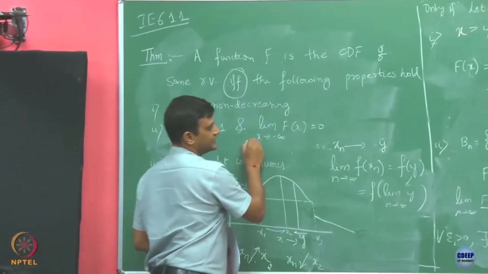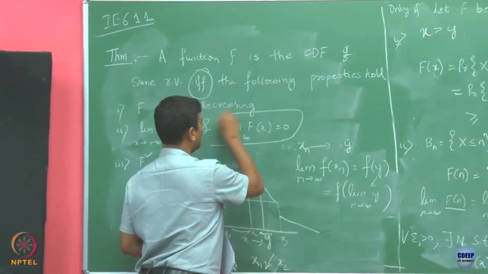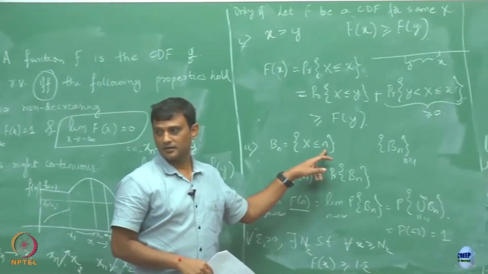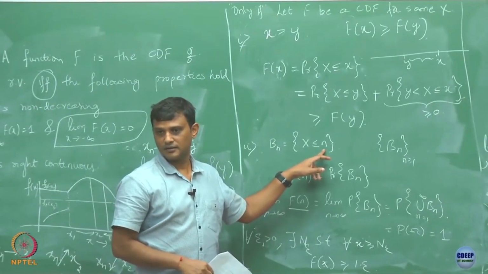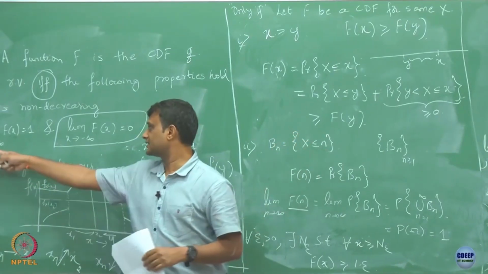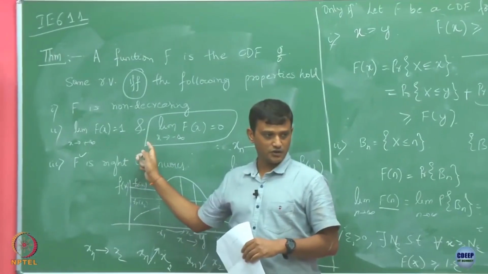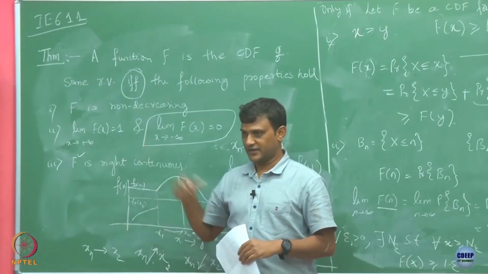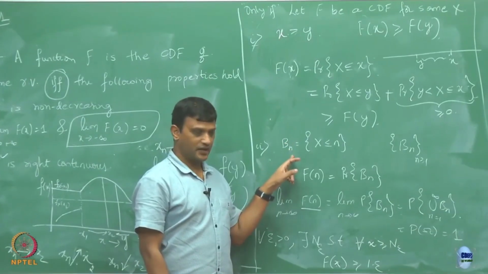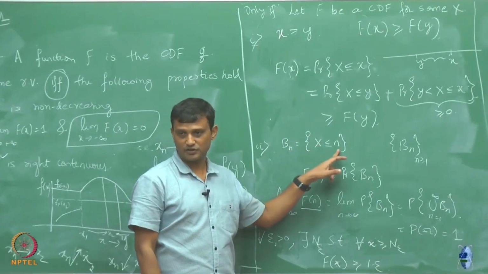In a similar fashion you can show this. All you need to do is replace n by minus n. I wanted x going to plus infinity, now I want x going to minus infinity. So replace Bn by B minus n, that means x less than or equal to minus n.